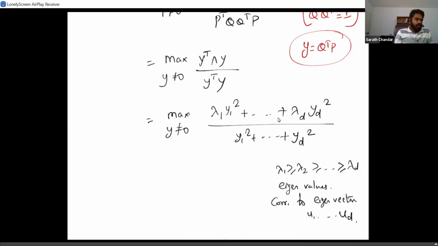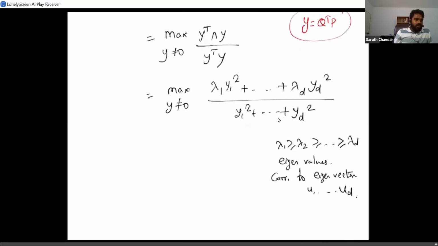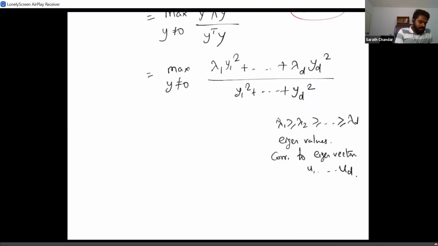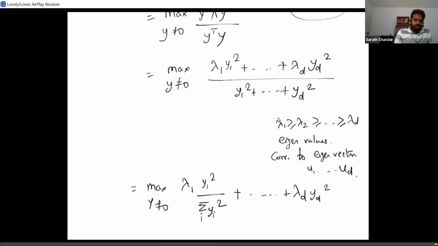Now I can decompose these terms. This becomes max over Y not equal to 0 of lambda 1 times Y1 square divided by the summation over I of Yi square, plus and so on, up to lambda D times YD square divided by the summation over I of Yi square.